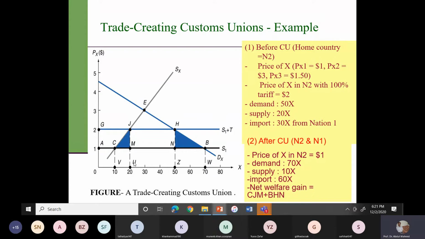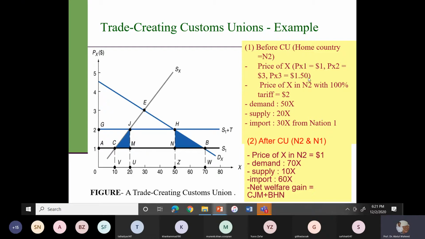This is the supply curve for nation 1, that's why the price is $1. Now if you look at these prices, nation 1 price is $1 and nation 3 price is $1.5.